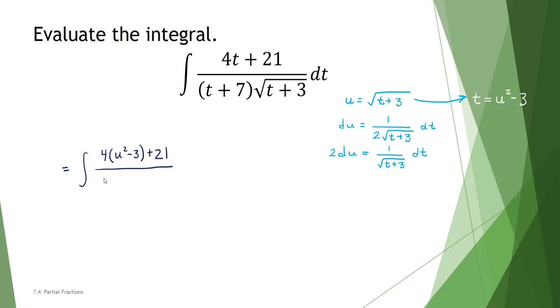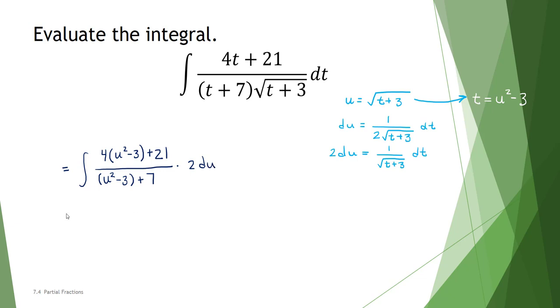On the bottom of our fraction, we have t plus 7, substituting u squared minus 3 for the t. We have this. And then the square root on the bottom here, together with the dt, turns into 2 du.